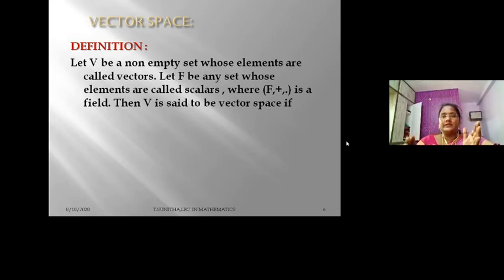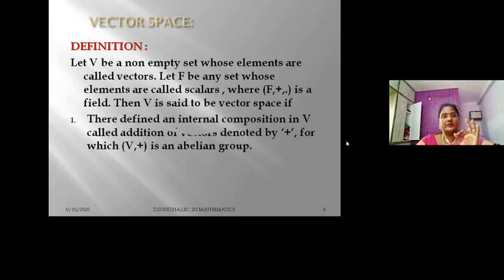Then V is said to be a vector space if, first point, easy. What is that first point? They defined an internal composition. Internal composition I have already explained. So they defined an internal composition in V. Internal composition means that if you take any two elements, the binary composition of those two elements, the resultant element should be in that set only.